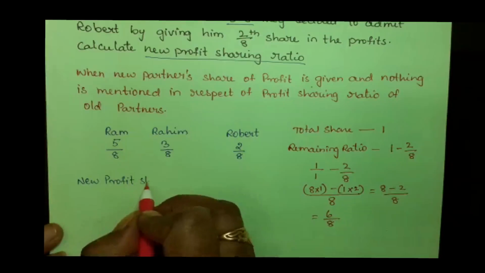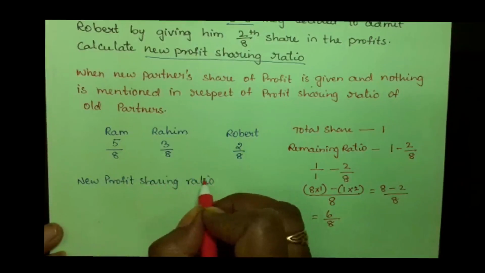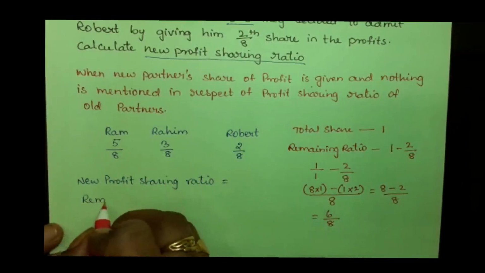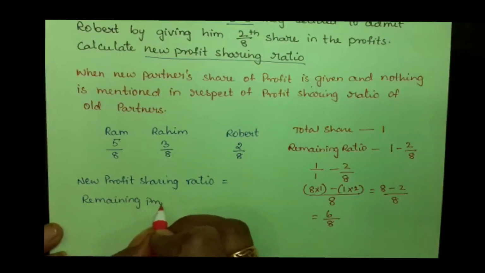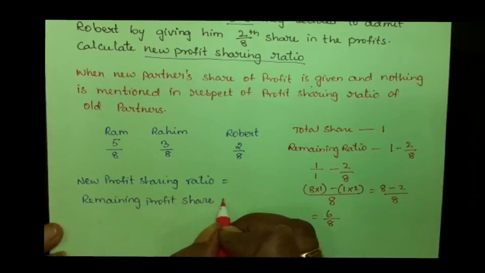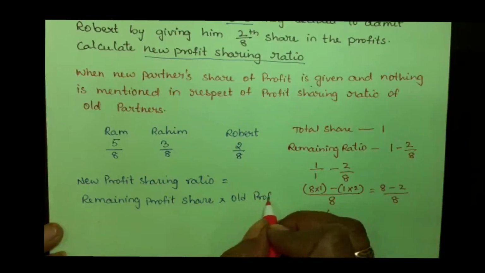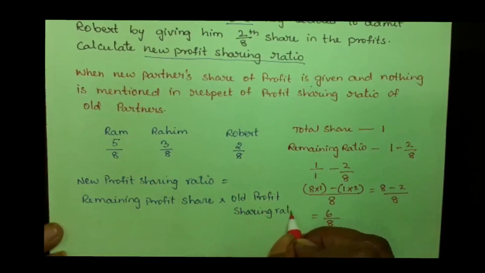New profit sharing ratio is equal to remaining profit share into old profit sharing ratio. Okay, this is the formula to calculate the new profit sharing ratio.